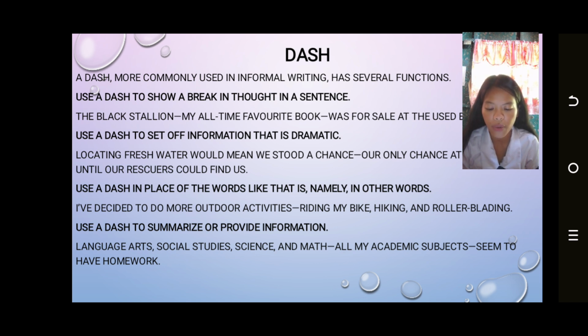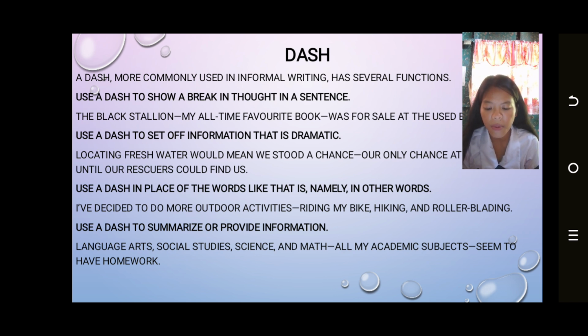Locating fresh water would mean we stood a chance - our only chance at surviving until our rescuers could find us. Use a dash in place of the words "that is," "namely," or "in other words." I've decided to do more outdoor activities - riding my bike, hiking, and rollerblading.